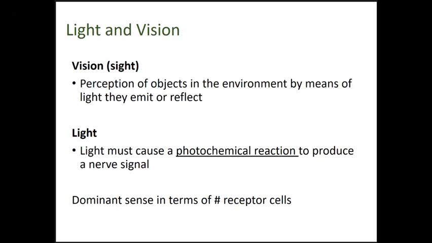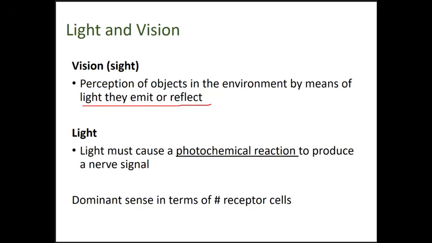Okay, light and vision. So the eye is our last topic for the sensory system or sensory organs. We're going to talk about vision and light. Vision or sight is our perception of objects in our environment because of the light that they emit or the light that they reflect.